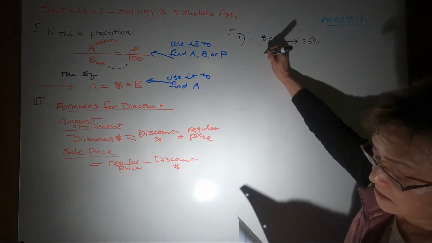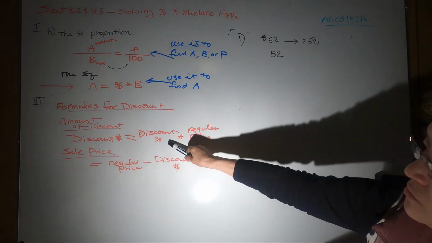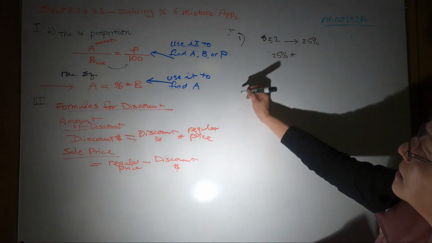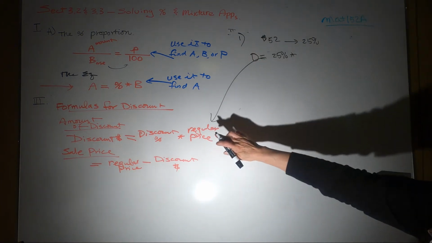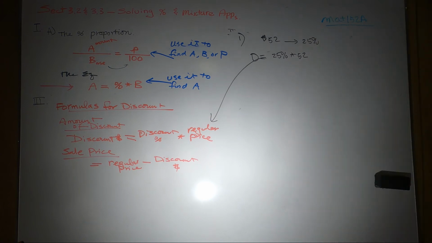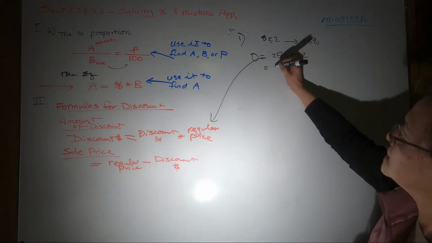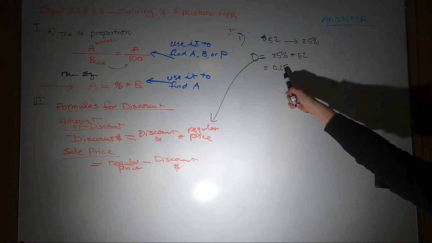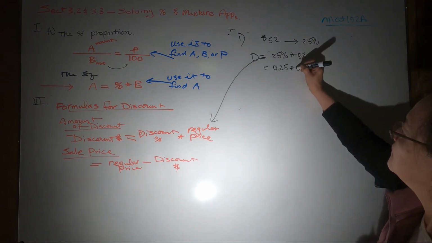Discount dollars, that's your amount, equals your percentage, 25%, times your regular price. Then when you multiply, you change the percentage to a decimal, moving two decimal places, to 0.25 times 52.